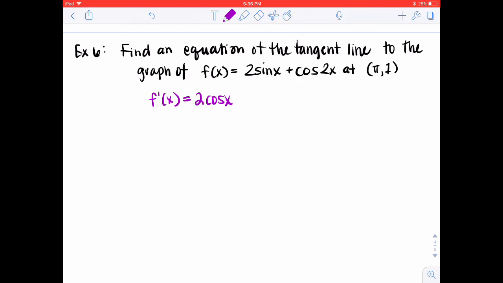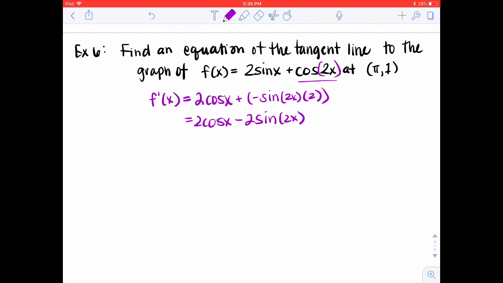And this part here we got to use a chain rule because we got cosine 2x. So plus cosine 2x, so negative sine 2x times 2, which is equal to 2 cosine x minus 2 sine 2x.